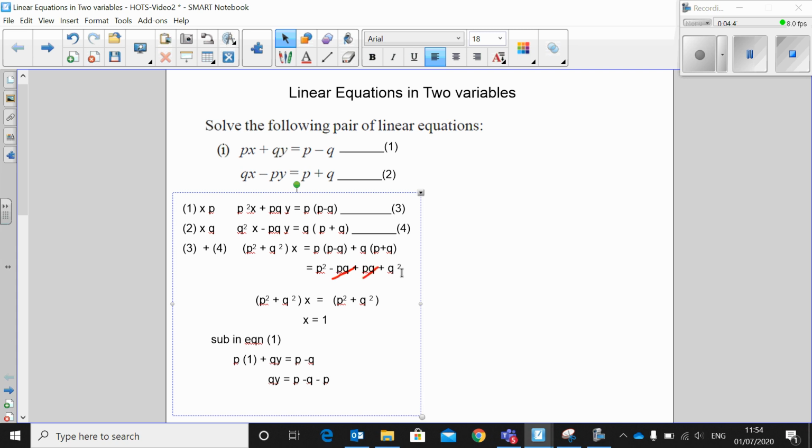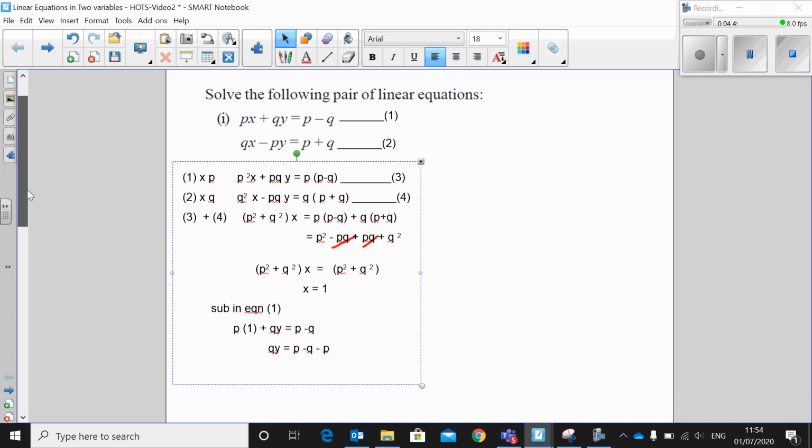P minus p will get cancelled. Qy is equal to minus q. So y is equal to minus 1.